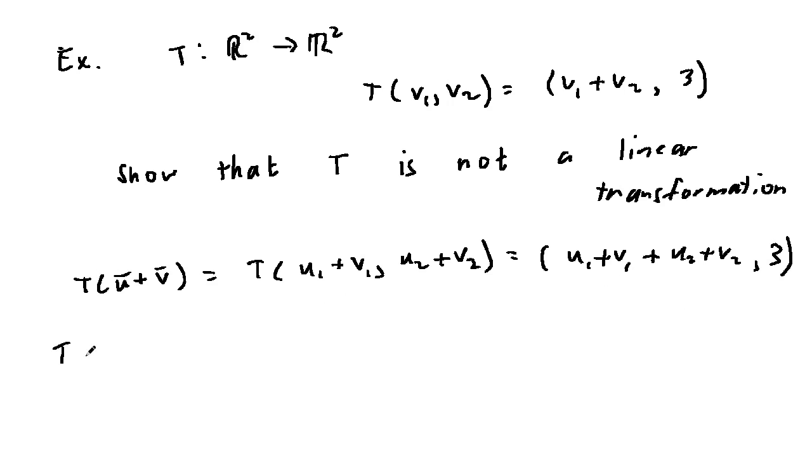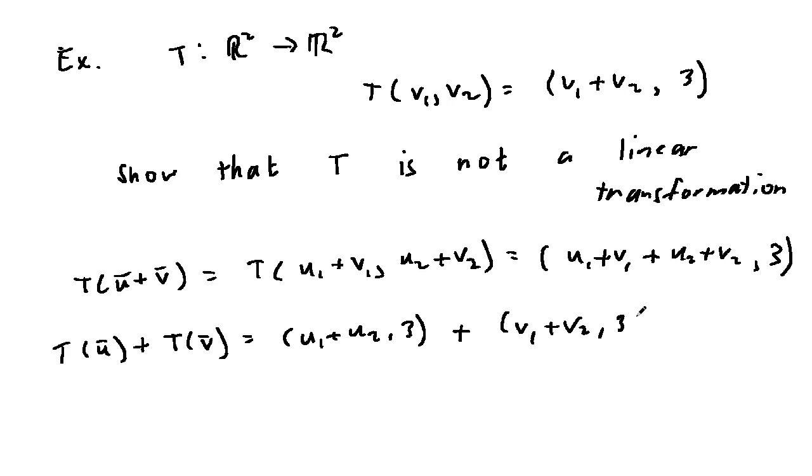Let's see what T of u plus T of v gives. First applying it to u, and then applying it to v. Let's add. And I get this. But notice that here the second component is 6, but the second component for this is 3.